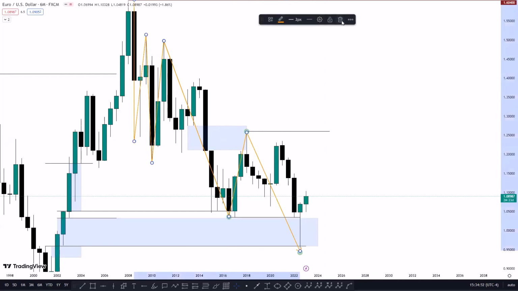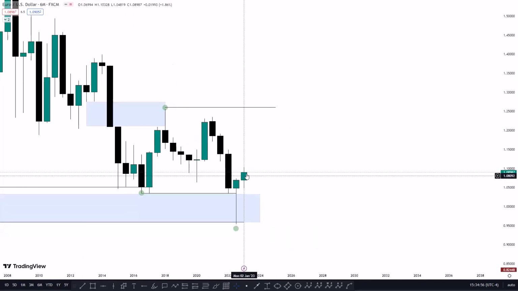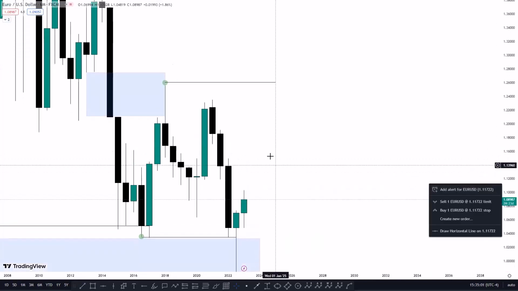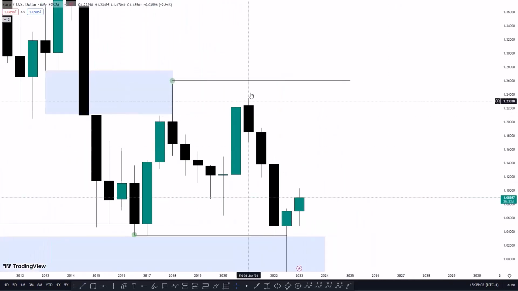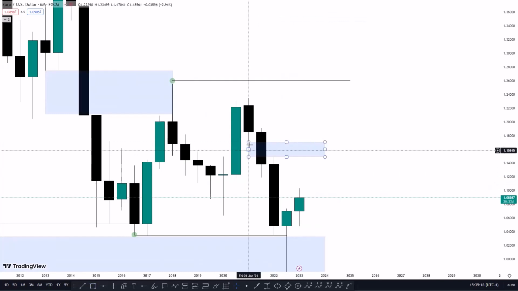Since this is your range, now you're going to think how the market is going to create a pullback. So if it's going to create a pullback, what is your task again? From this downtrend, you're going to mark again your price inefficiency. The first one is here. You see, from this first candle, second candle, third candle, we have a price inefficiency.